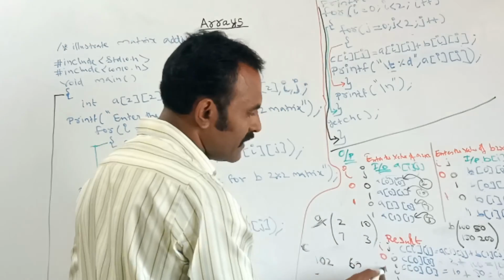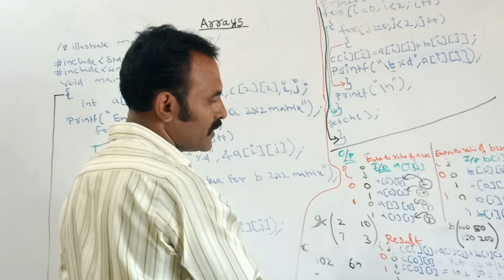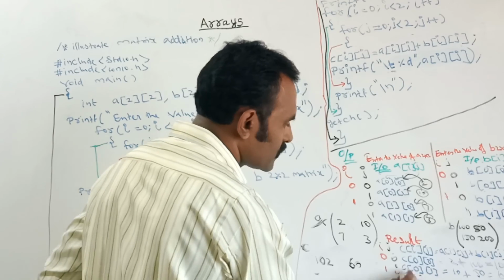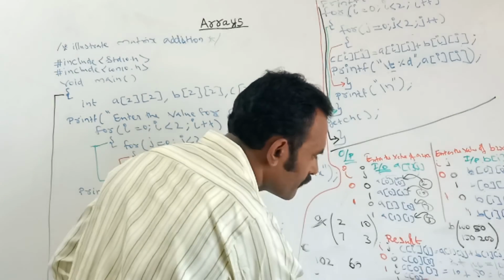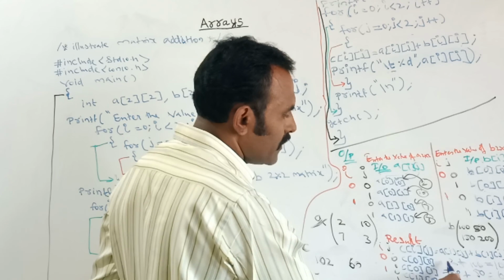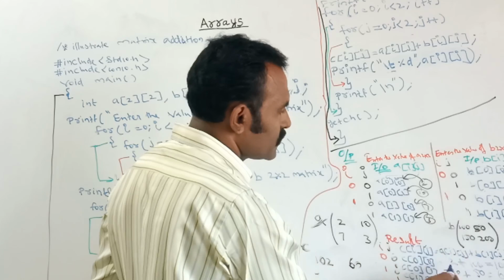Again, when i value is 1, the inner loop value of j will be how much? 0 and 1. Here c of first row 0th column. Now we are going to add a of first row 0th column. What is a of first row 0th column?